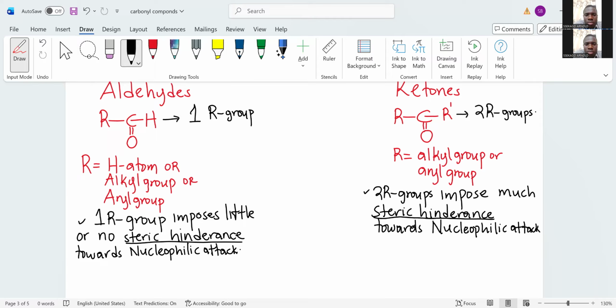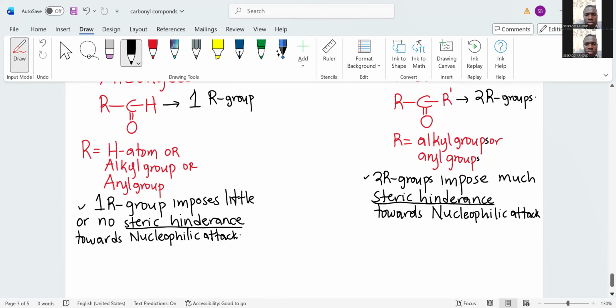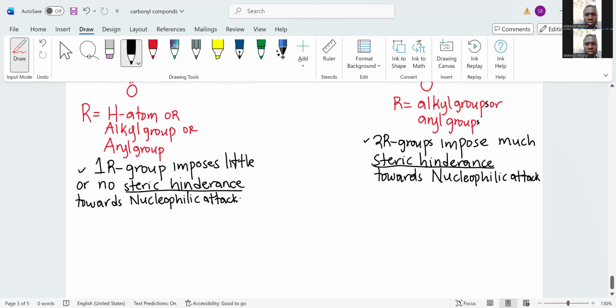Before I explain what I mean by steric hindrance, we need to first understand these R groups. I've said the R groups can be alkyl groups or aryl groups. I don't know what I should start with first.